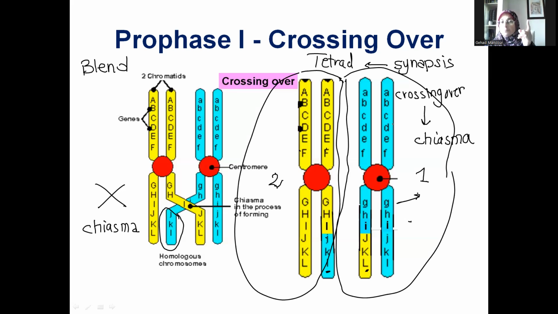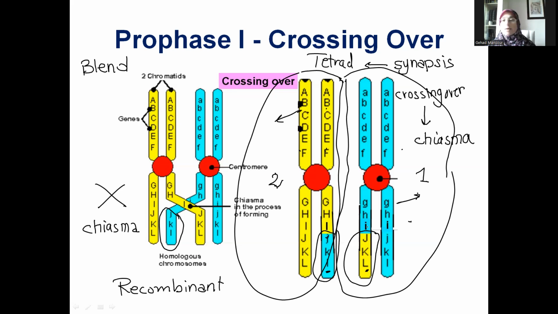By the way, we call that chromosome a recombinant, or any chromosome that consists of a maternal part and a paternal part is called a recombinant chromosome. So the yellow chromosome here is a recombinant chromosome because it has taken part from the mom, and the blue chromosome is also a recombinant chromosome because it has taken part from the dad.